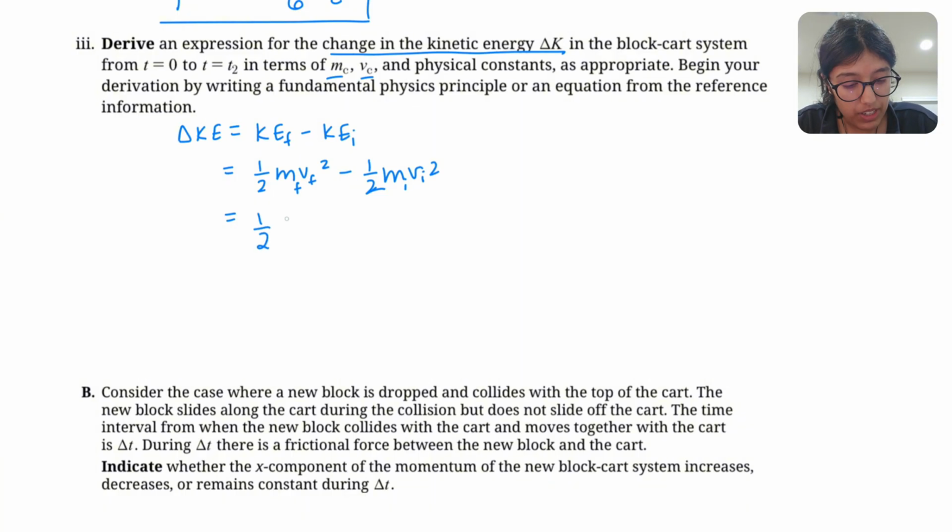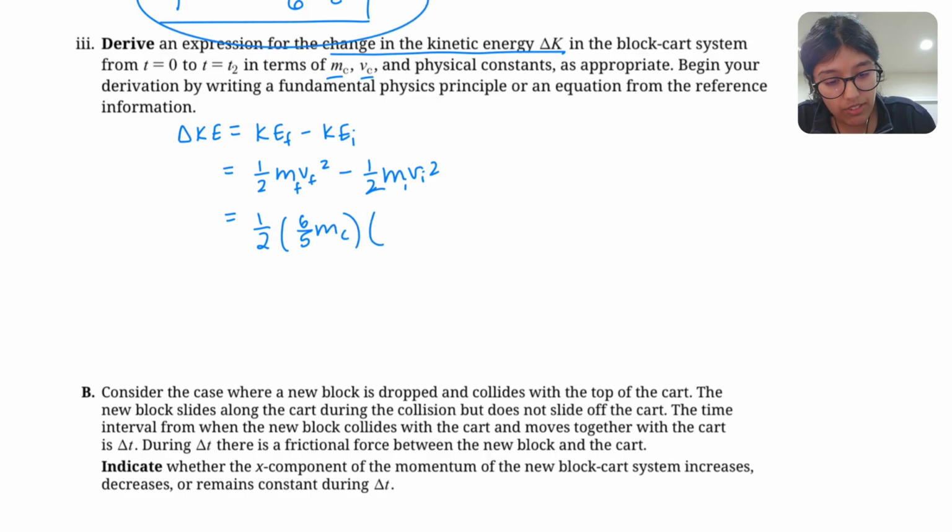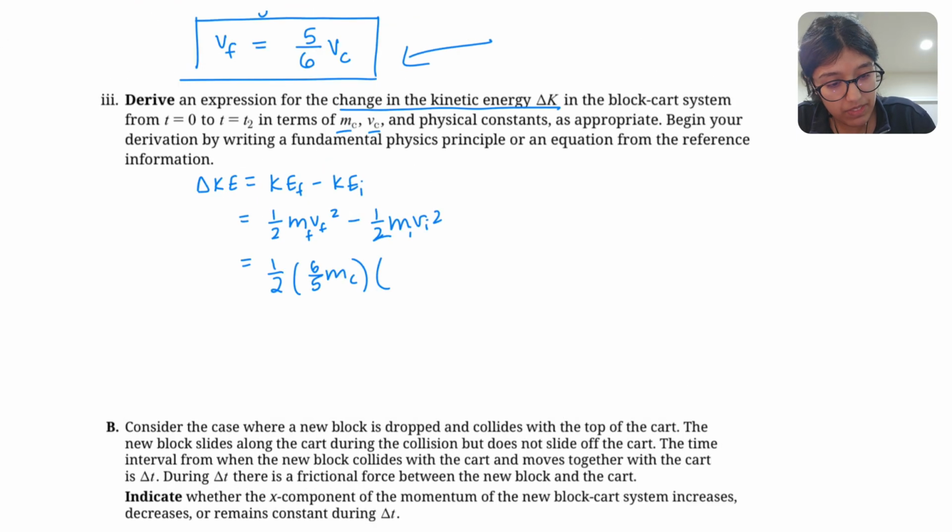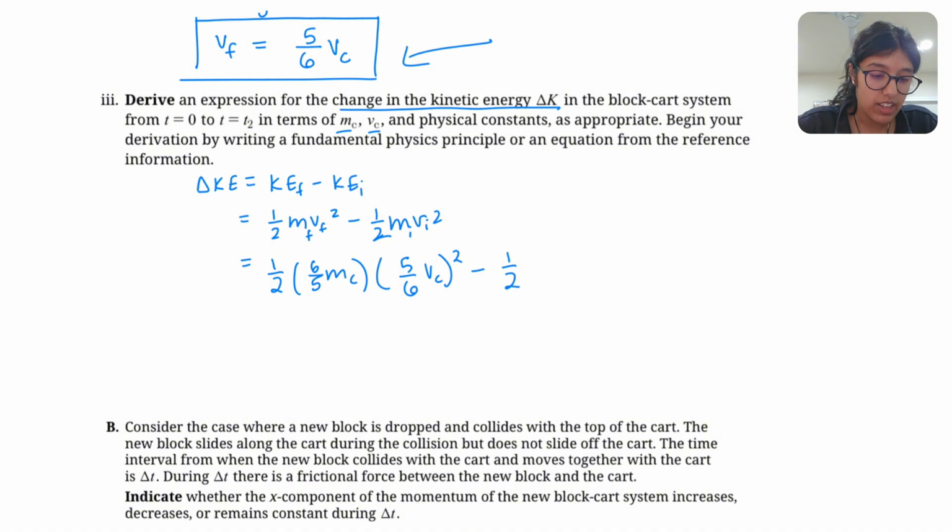So we found that the final mass is going to be 6/5 mc. And we found the final velocity from up here, and that is 5/6 vc, squared, minus 1/2. Initial mass was just mc because we just had the cart at that point. And then initial velocity was vc.